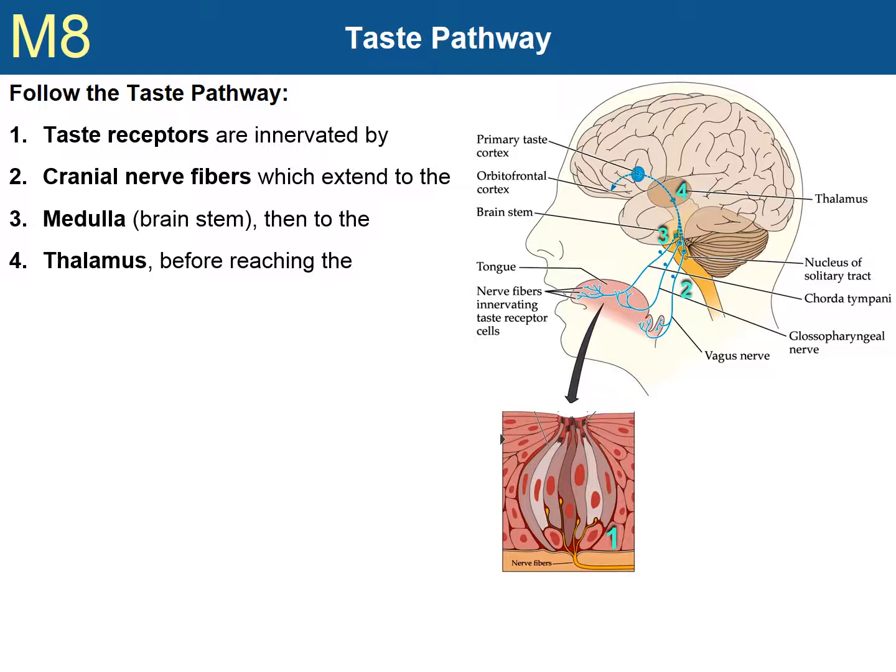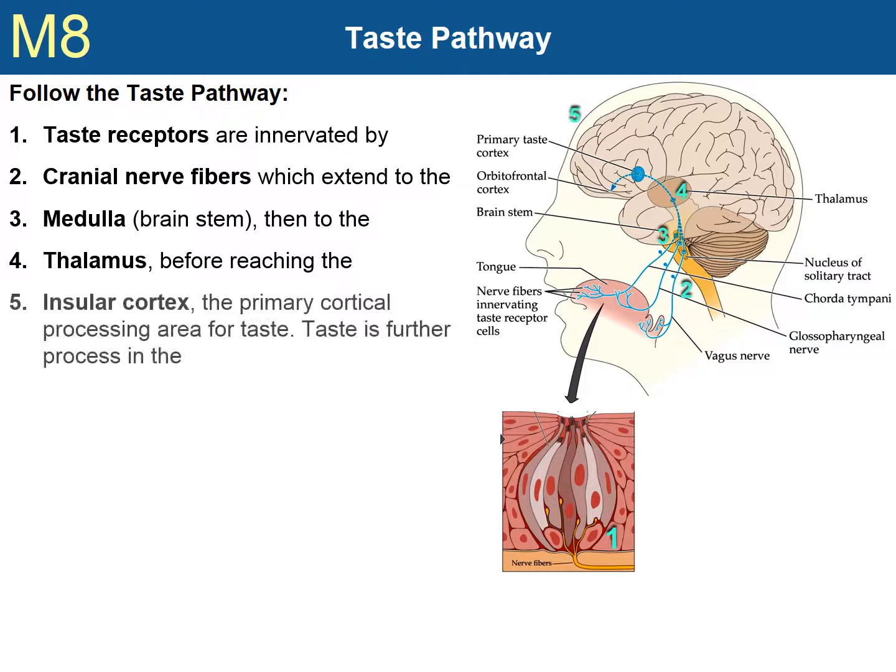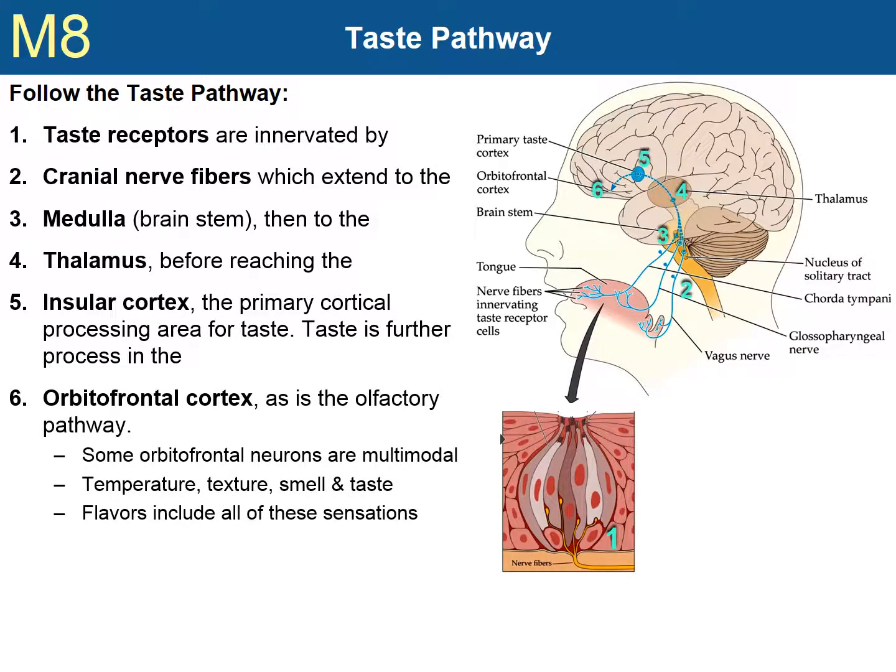The neurons in the thalamus send their axons to the insular cortex, which is the primary taste processing area of the brain. Taste is further processed by the orbitofrontal cortex, where taste information is combined with temperature, texture, and smell to produce the perception of flavor.